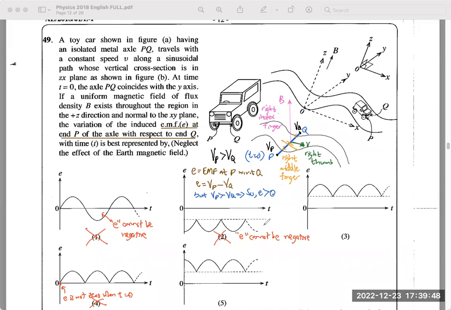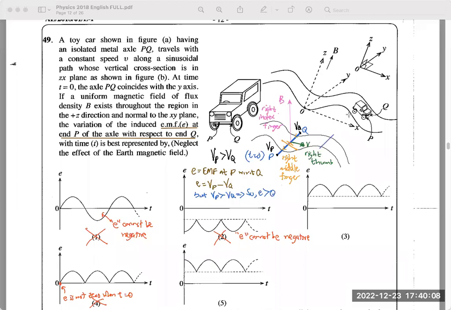So in both these diagrams, E has a positive value, and the Jeep will be somewhere here. Again at this point and this point, the Jeep will come to the same situation.